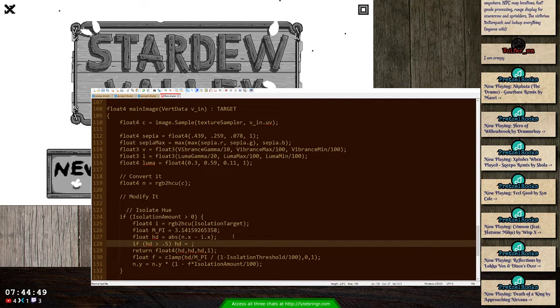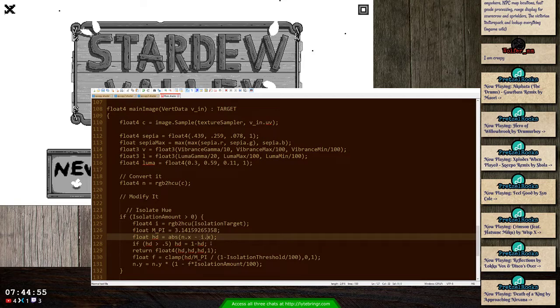Means it should be 0.4, so 1 minus HD. Because these are measured from 0 to 1. We want the absolute distance, because the direction really doesn't matter to us.